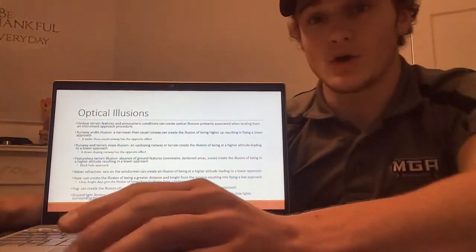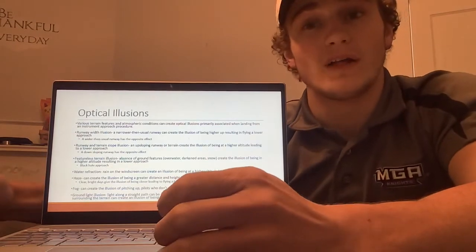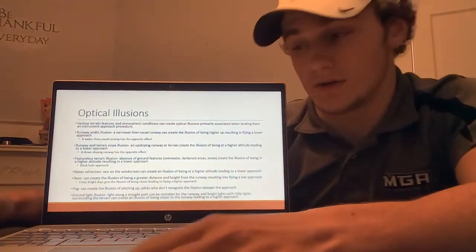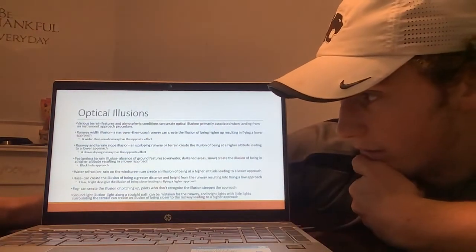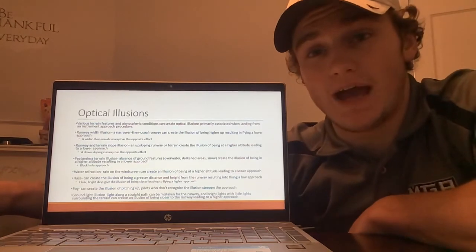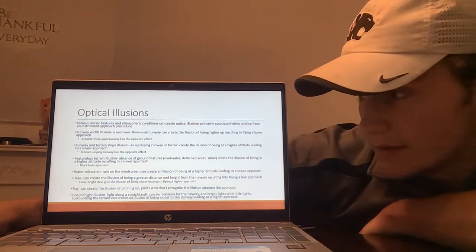A black hole approach is the next illusion. Say you come out of the clouds and you're flying over water, and there's not a lot of light around the airport, which will make you seem higher than you actually are, and then make you fly a lower approach.